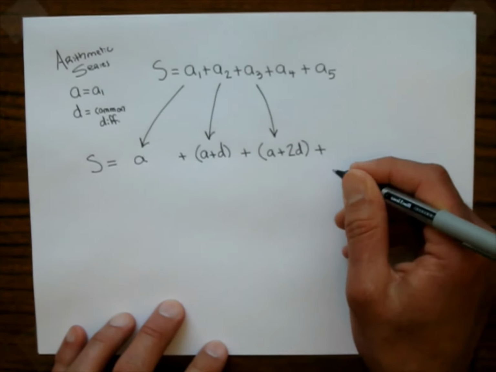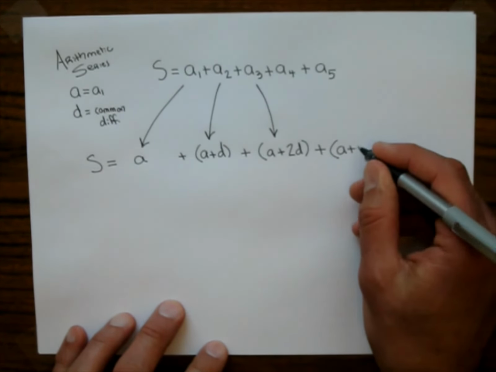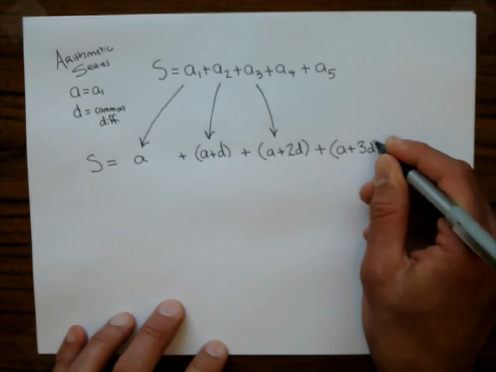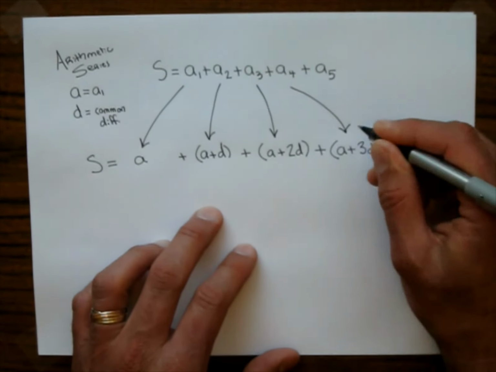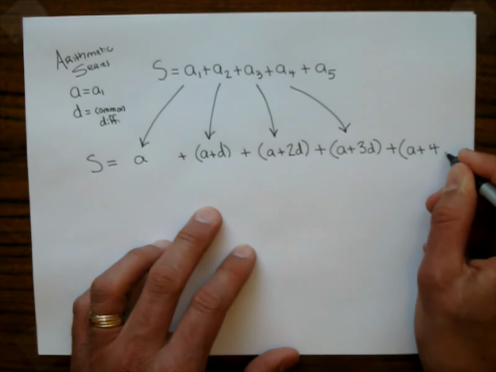And then A4 is A plus 2D plus D, which is A plus 3D. And then A5 is going to be A plus 4D.